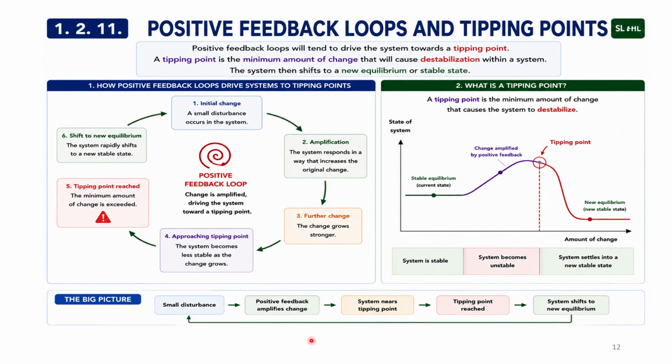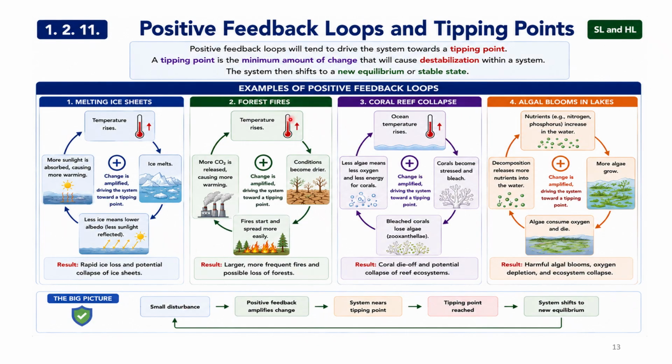The key takeaway is that positive feedback can push environmental systems beyond critical thresholds, leading to rapid and sometimes irreversible changes. Let's see some important environmental examples of positive feedback loops that can drive ecosystems toward tipping points.